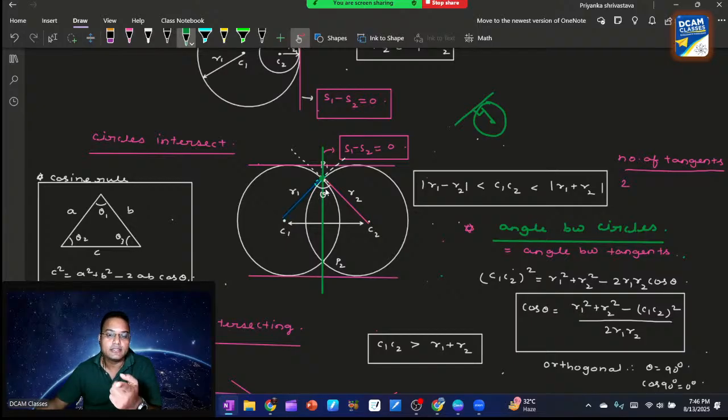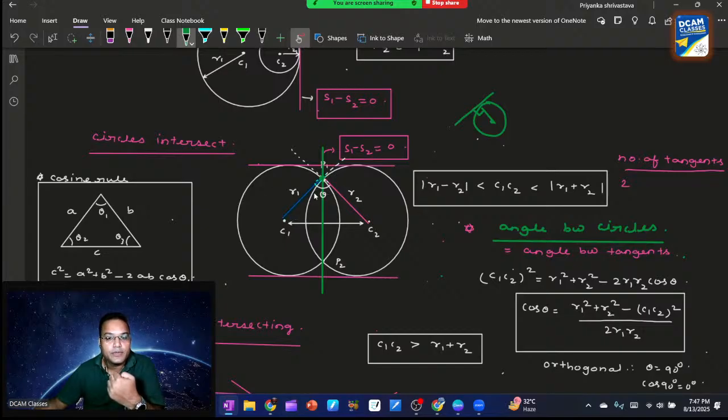And here, sir has told this angle is theta, so why is he taking 90 degrees there right now? Yes, sir. But in that question, he particularly said the tangent to the circle C2 is passing through the center of the other circle.